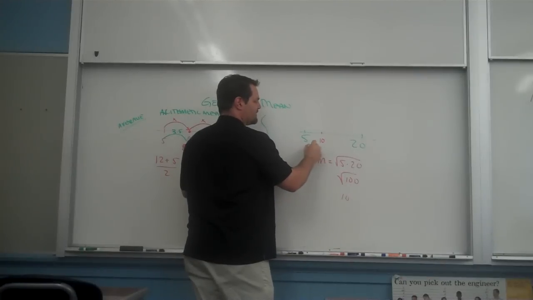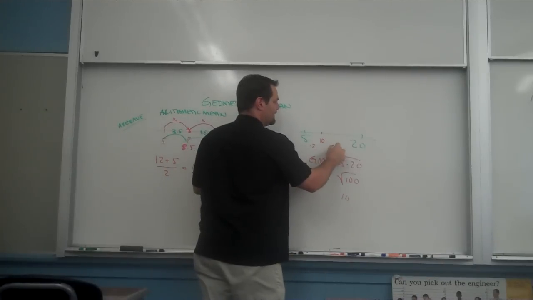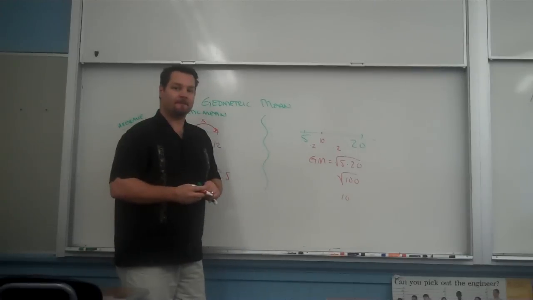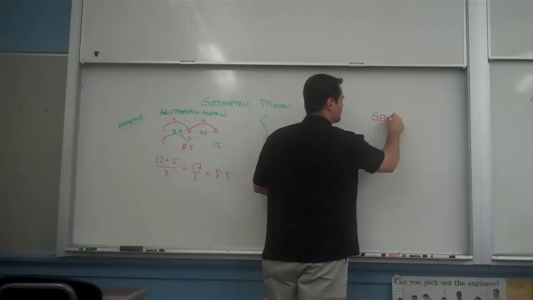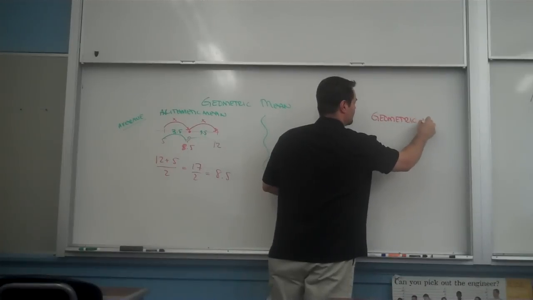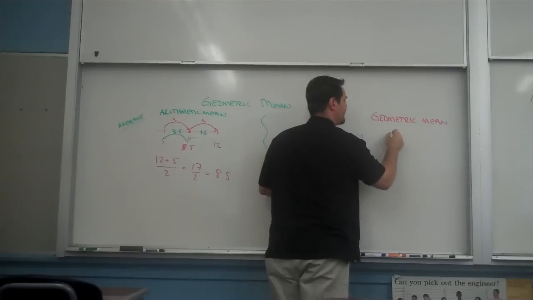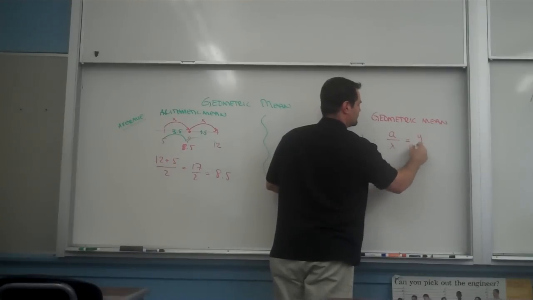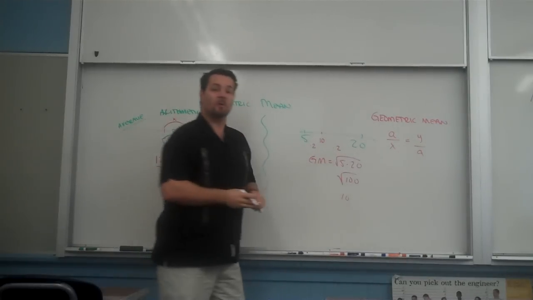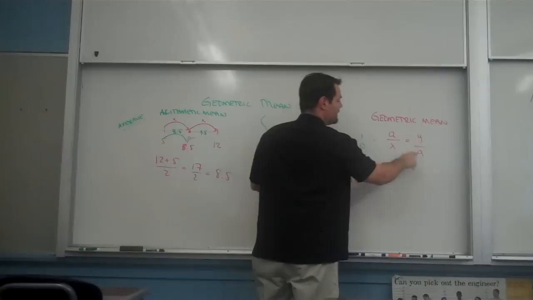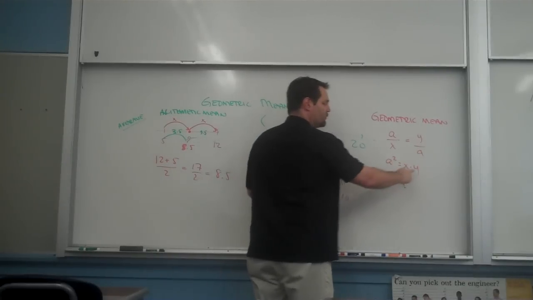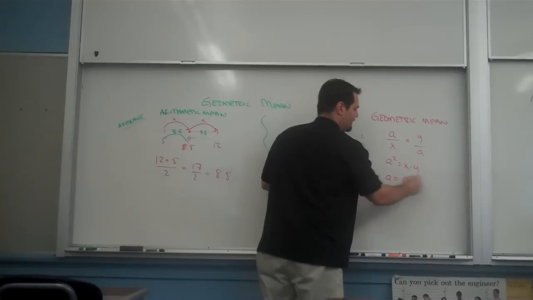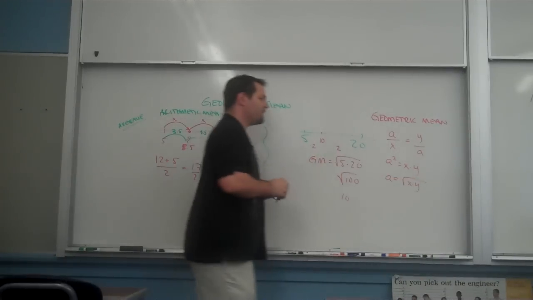In other words, 5 times 2 is equal to 10. 10 times 2 is equal to 20. The geometric mean can be expressed as what we just saw in similar triangles. These two products multiply together such that A is the square root of x and 1.